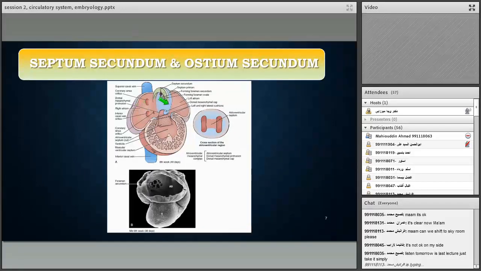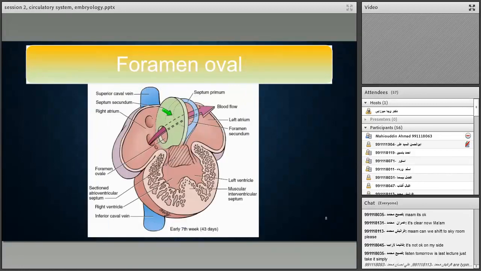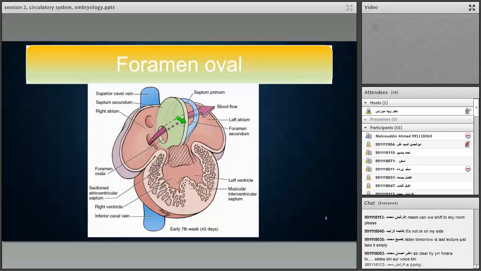Here also we can see the septum primum and the ostium primum. This is also the septum secundum, and these are the endocardial cushions in the atrioventricular canal. And in slide number 8, you can see the complete formation of septum secundum and septum primum, the valve of the foramen ovale, and this is the foramen ovale itself.